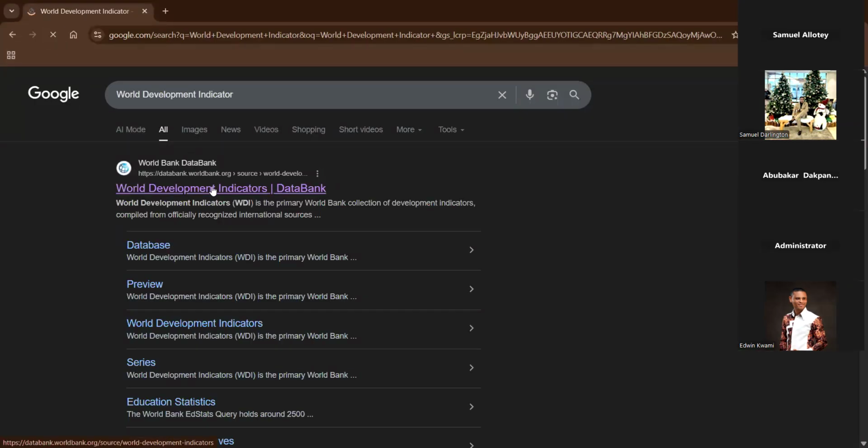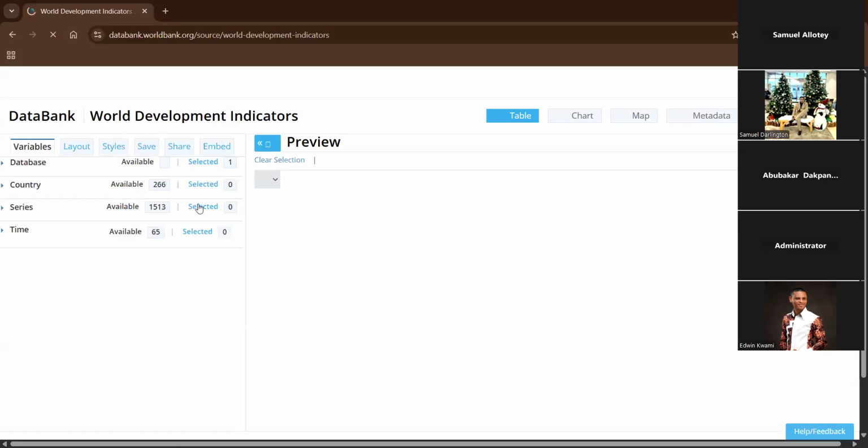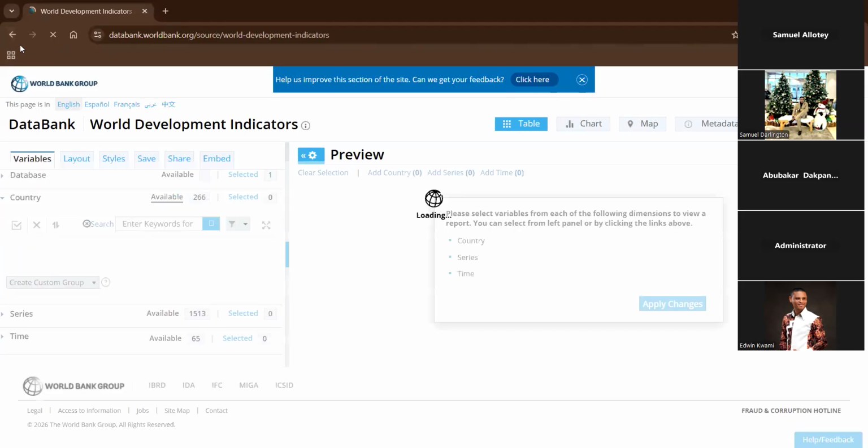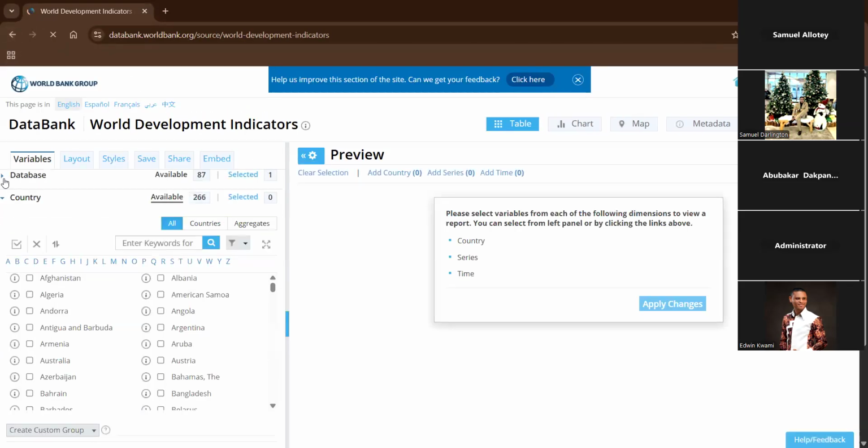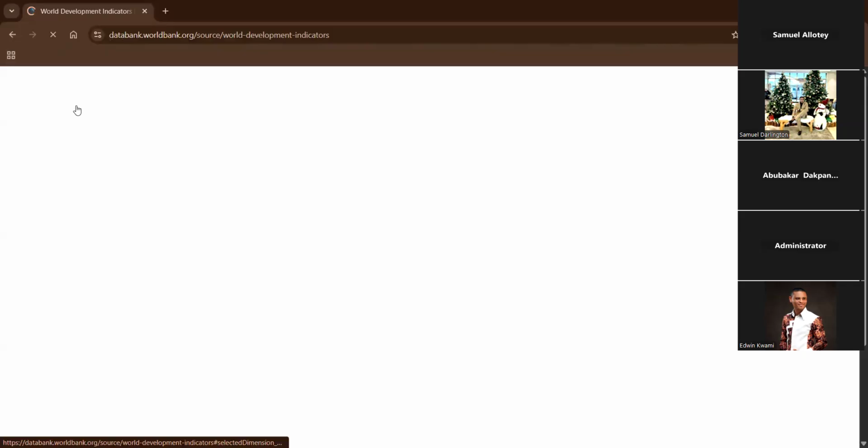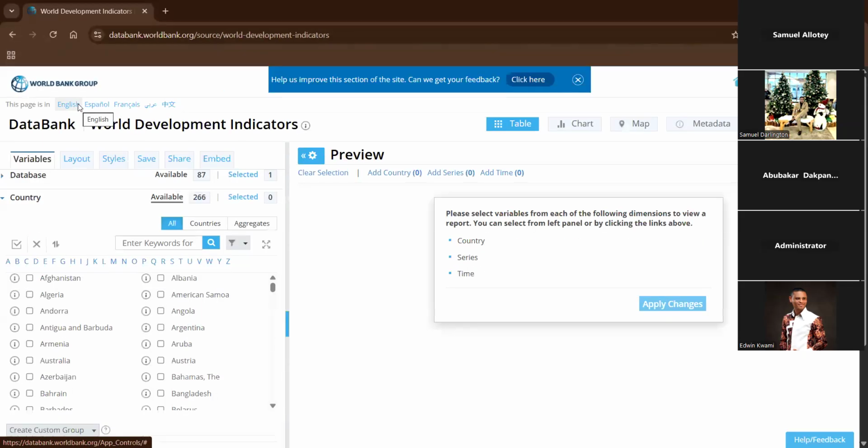Okay, so this is the World Development Indicators. It is a database of the World Bank, and it is the most popular database that we use for research.